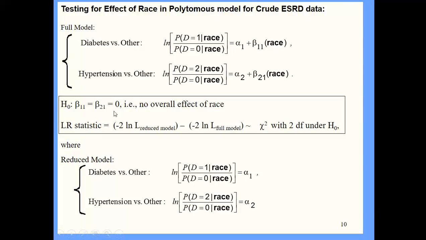Beta 1,1 equals beta 2,1 equals 0. Because if they're both equal to 0, what does the model reduce to? A model that doesn't have race in either one of these 2. So if you wanted to test for the overall effect of race here, the test would not simply be beta 1,1 equal to 0 or beta 2,1 equal to 0. It'd be that they're both equal to 0.